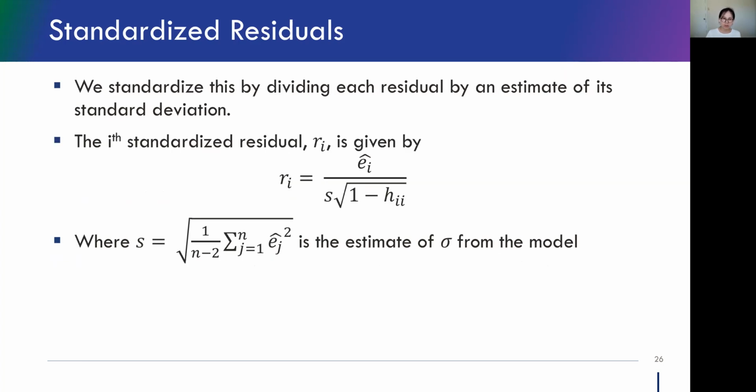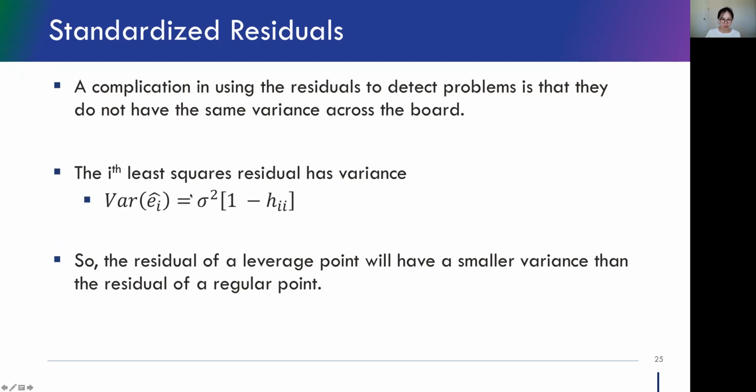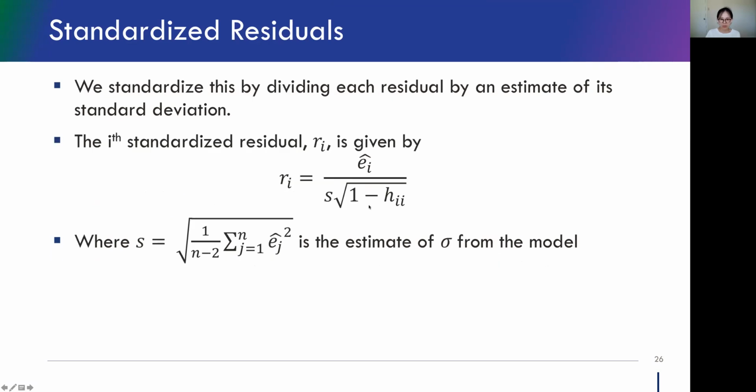So now we look at the standardized residuals. How do we do the standardization? We just divide each residual by an estimate of its standard deviation. The standard deviation we already showed here, taking the square root of it.